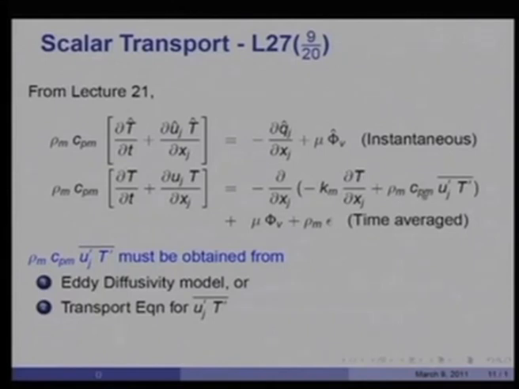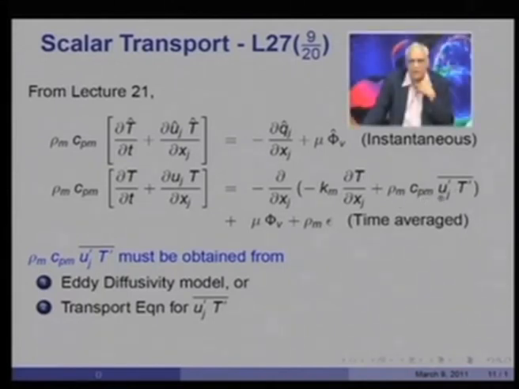The task now is to model this term rho m CPM uj dash t dash as the main turbulent flux term. This is the turbulent counterpart of viscous dissipation, and this is the turbulent dissipation itself. Usually, as we know, this quantity is much smaller than that quantity. So, how do we model this term?